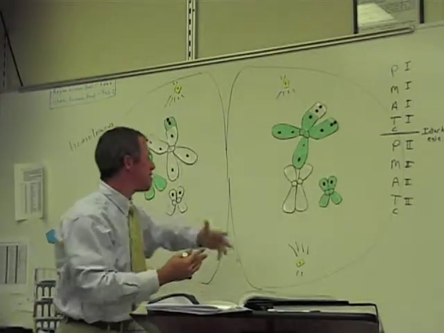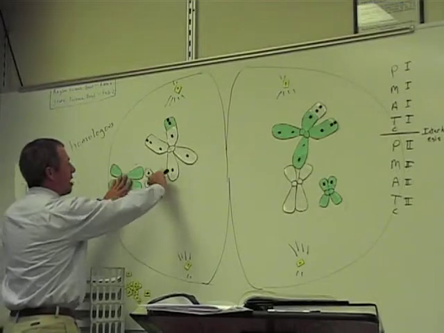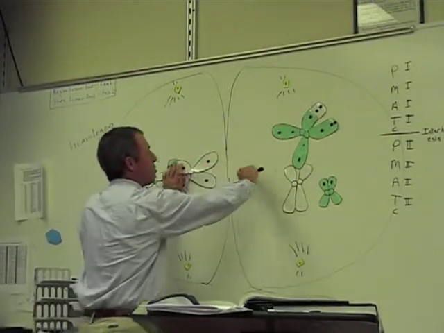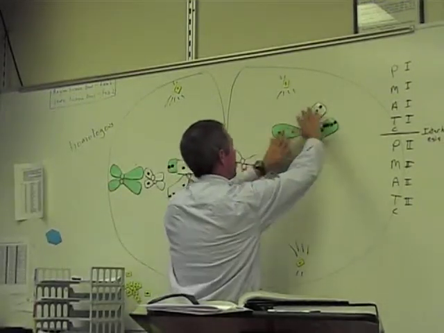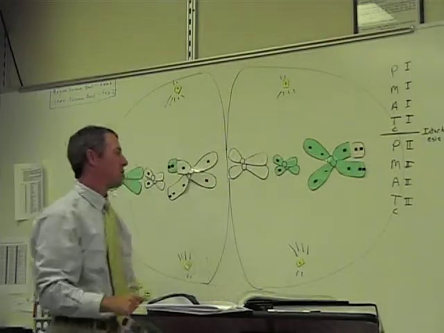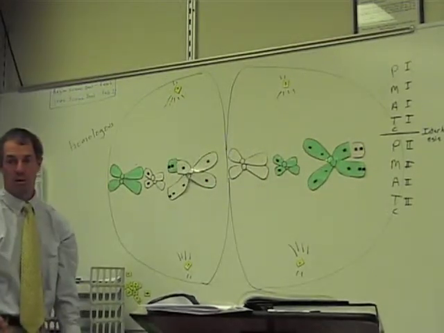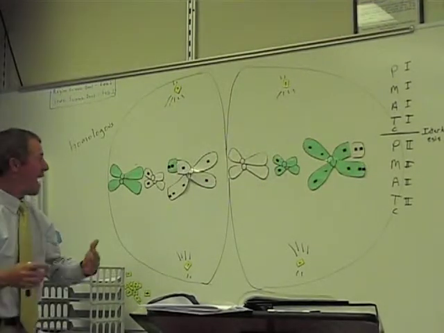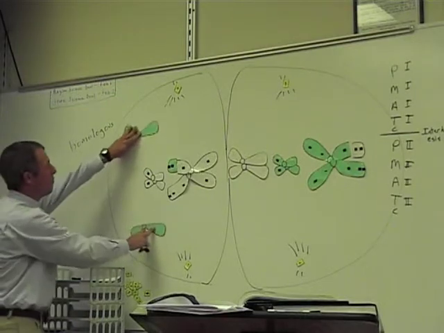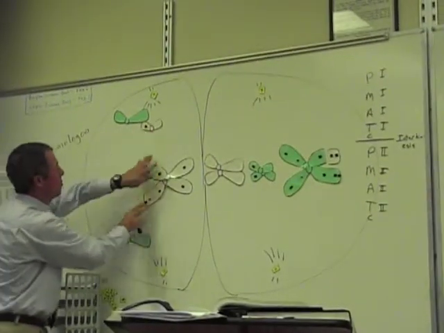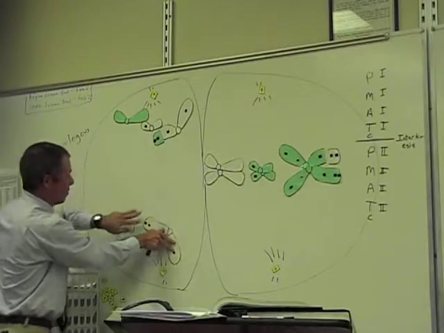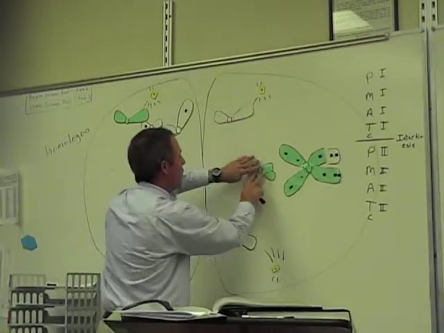Metaphase 2, what happens in metaphase? They line up in the middle. And this will happen on both sides. Anaphase 2, they break off and move.